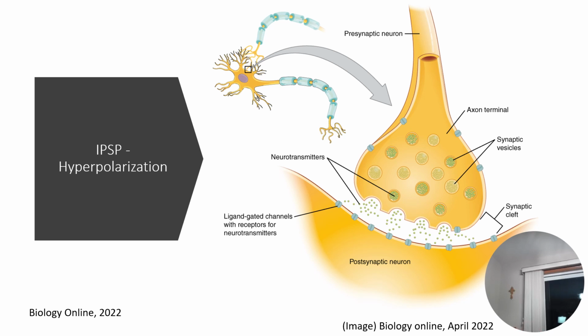What is the threshold of an action potential? Starting with depolarization, it leads to an all or nothing start of an action potential. And then what makes the neuron's action potential less likely? That's the inhibitory, when the chloride ions are flowing into the cell and they hyperpolarize the membrane. That's going to inhibit any action potential from happening.